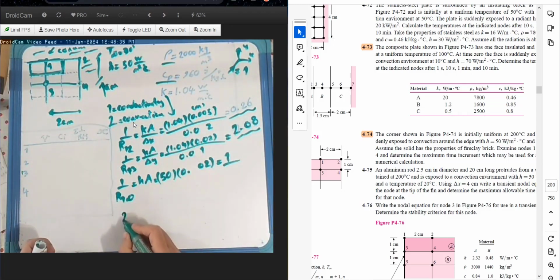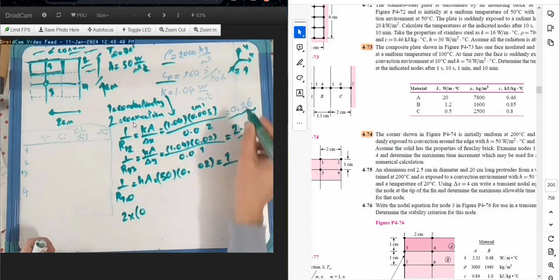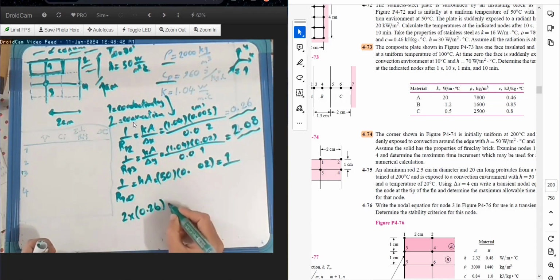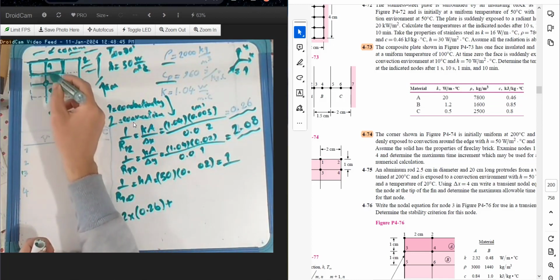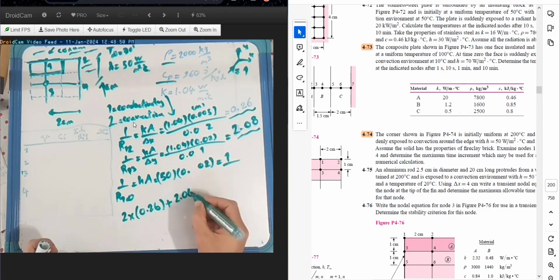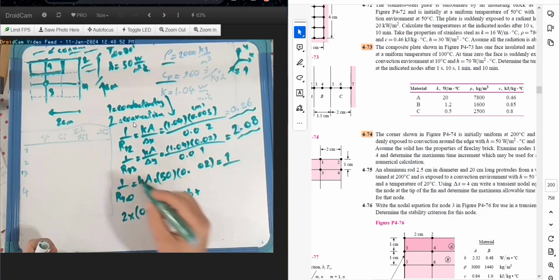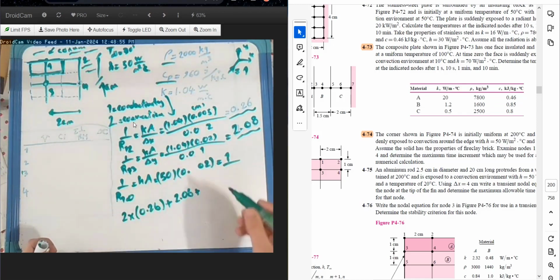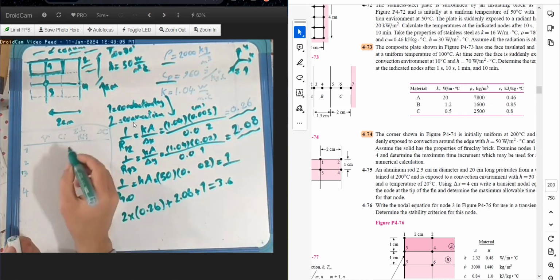So we should multiply 2 by this one, 0.026, plus 1 to 3, which is 2.08, and from 1 to convection, which is 1. Okay, so the answer would be 3.6. I wrote it here, 3.6.